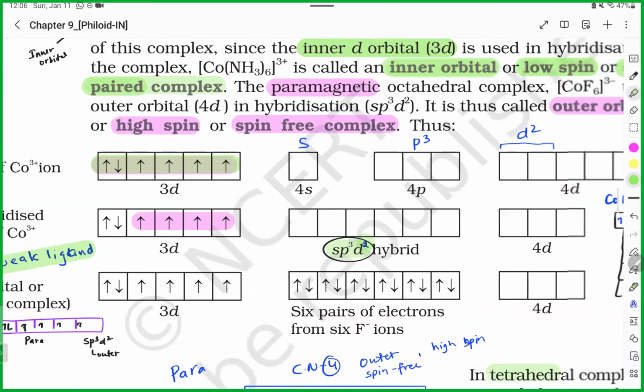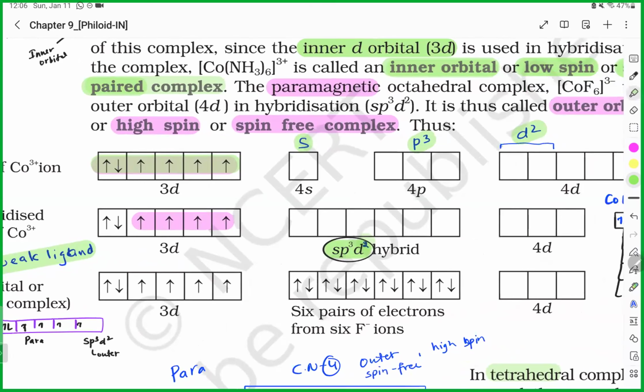Now outer orbitals will be used: 1s, 3p, and outer d orbitals. Total 6 orbitals should be free to accept electrons from the ligand. So 1s, 3p, and 2d orbitals are used for this. That's why sp3d2 hybridization. And whenever the hybridization is this, your geometry will be octahedral again.